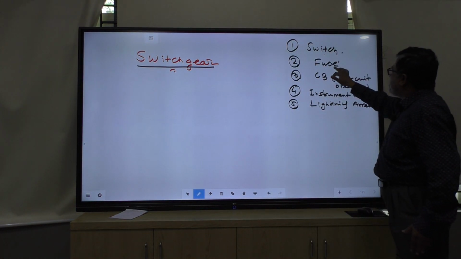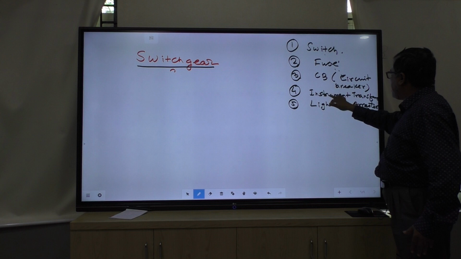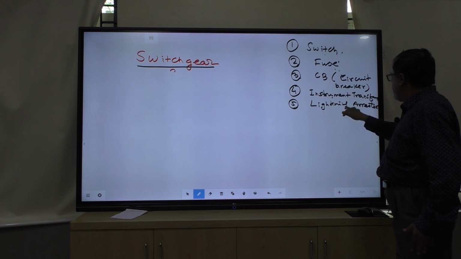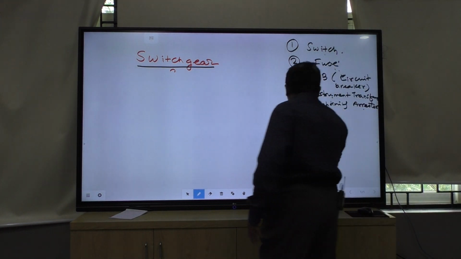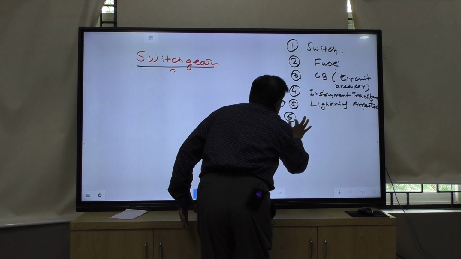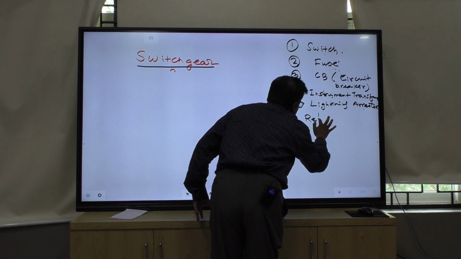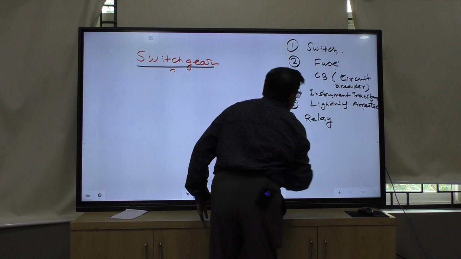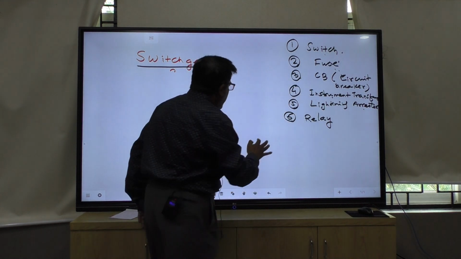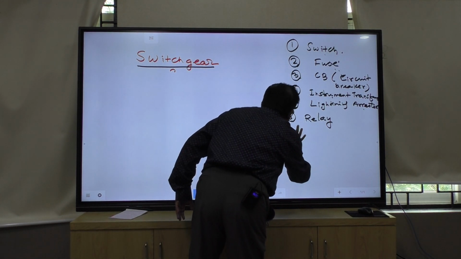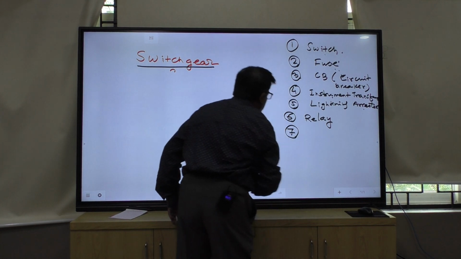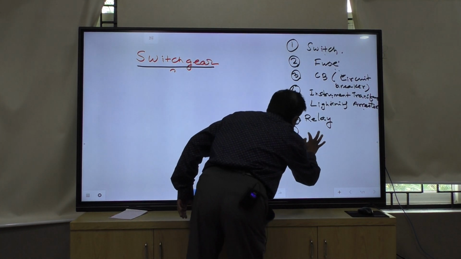First is switch, fuse, circuit breaker, instrument transformer, lightning arrestor. Then a very important thing is your relay. Then you write down your isolator.